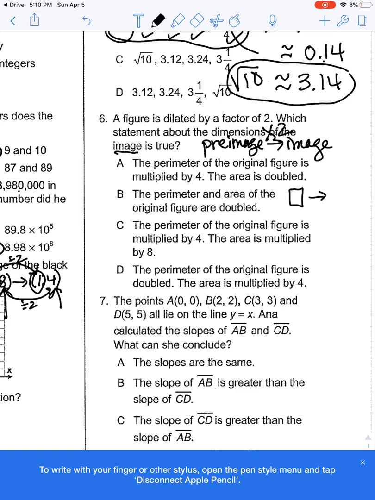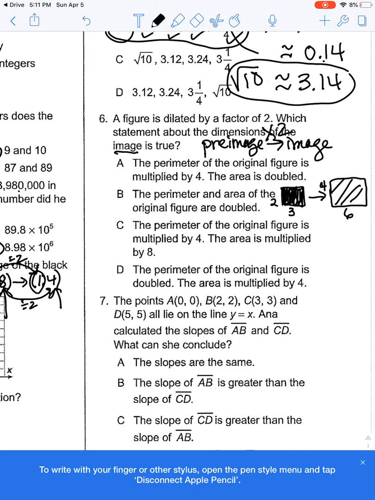Let's say that this side is 2 and this side is 3. Now we go from a 2 by 3 to a 4 by 6 rectangle. That will be multiplying it by 2, right? Because 2 times 2 is 4, and 3 times 2 is 6.